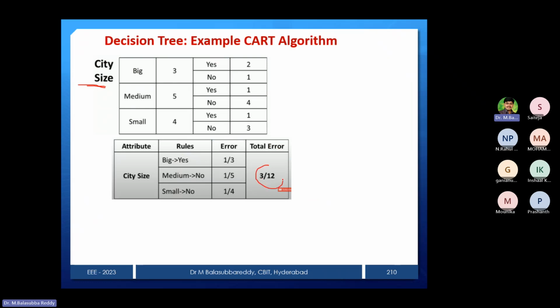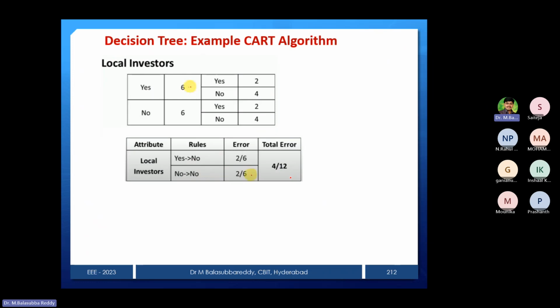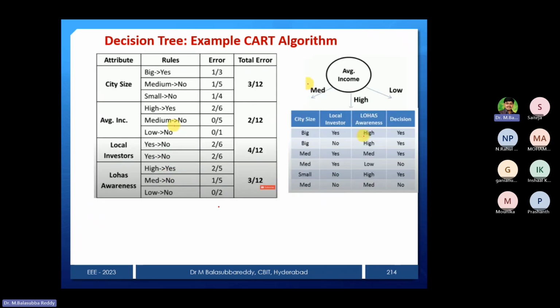So the first error is 3/12. Similarly, the second error is 2/12. Then the third error is 4/12, and the fifth error is 3/12. You tabulate it and calculate which is the minimum error. Here is the minimum error, so take average income as your root node.